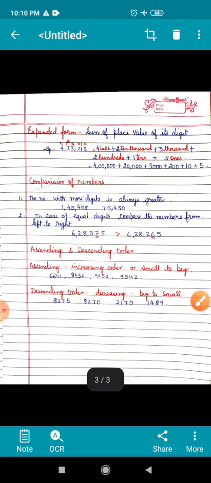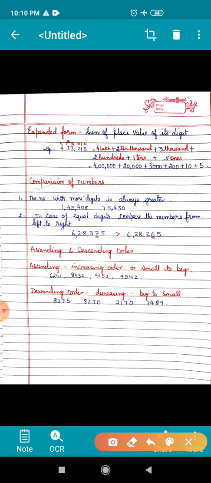look at the next. How can we write the expanded form of a given number in the Indian system? Children, the expanded form of a number is the sum of the place values of the digits. Okay, here you can see an example: 4,23,215.